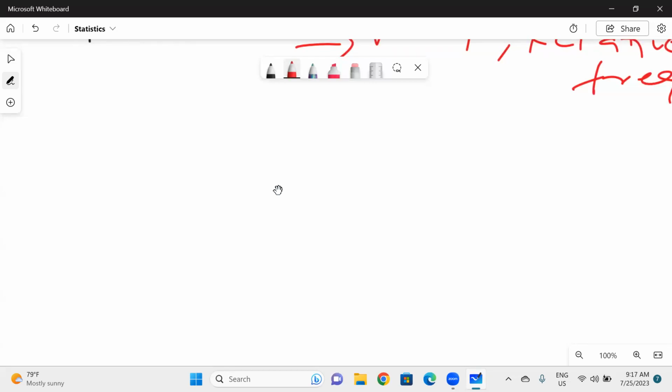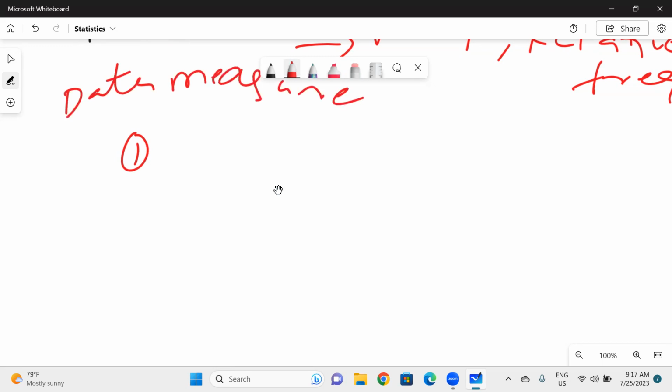We have data, and for data we have four different measurement levels. How can we measure the data? When it comes to data measurement, there are actually four measurements.